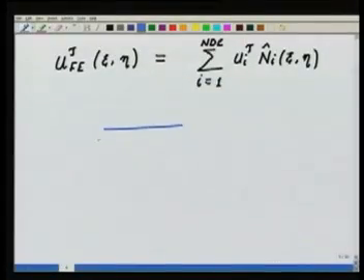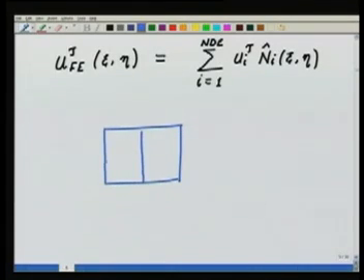My question is, what is a global representation? Let us say I have a domain with 4 elements. Let us talk of the serendipity. So let us say I have a serendipity which is quadratic. I formed this element domain or the mesh of 4 elements of quadratic serendipity.